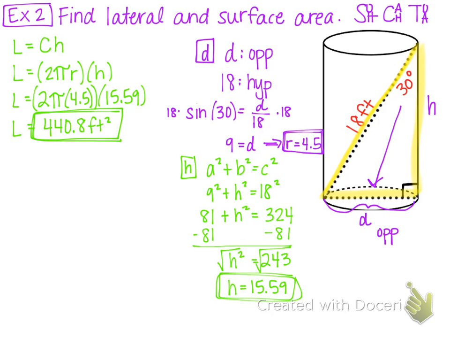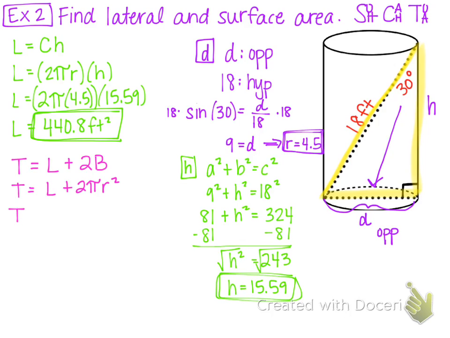Now let's find the total. Total is equal to the lateral plus 2 times the base. And remember for this one, it's 2 times pi r squared. You can use parentheses, you don't have to, it doesn't matter.